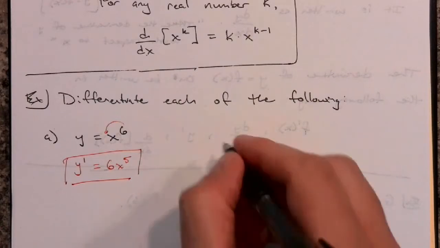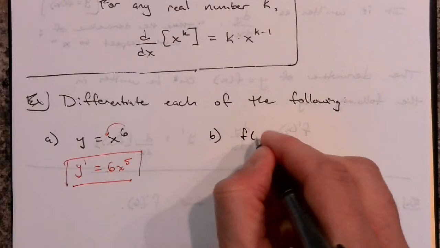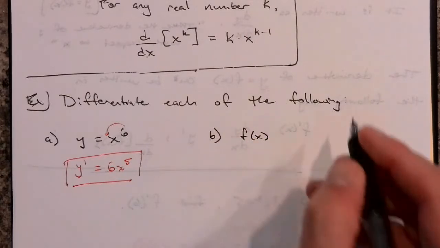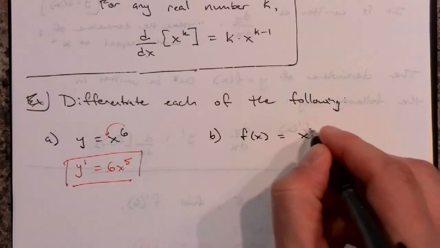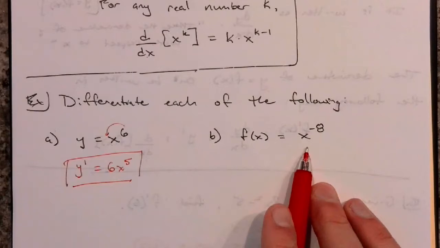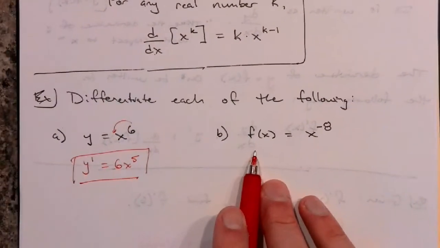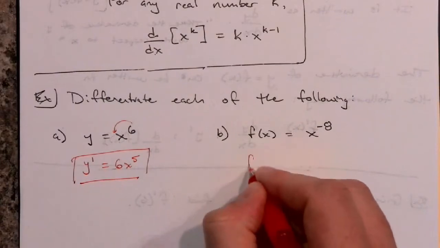What if I wrote this one? If I said f of x equals x to the negative 8 power. Again, we have x, right, being raised to a power. If I'm trying to take the derivative, so the derivative of f we call f prime of x. Make sure you write that.